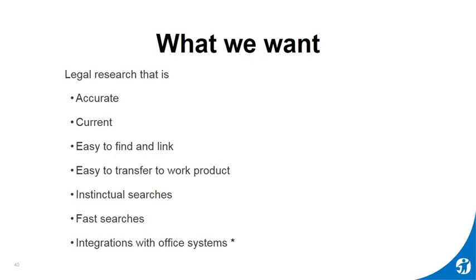For example, Casemaker has an integration with Cosmolex, which is a practice management software. That means that your time logged when you're researching is easier, and putting it into the file in Cosmolex for the case file is easier because they're working together intentionally.